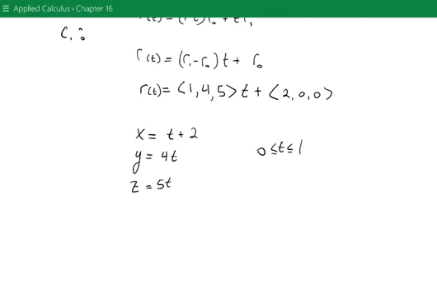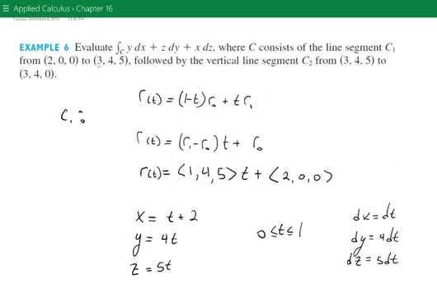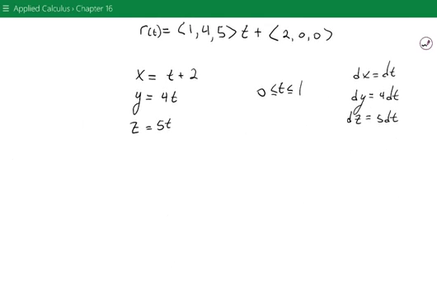We can figure out what dx, dy, and dz are, because that'll help us out. So dx is equal to dt, dy is equal to 4 dt, dz is equal to 5 dt, and now we just need to plug in for our integral.